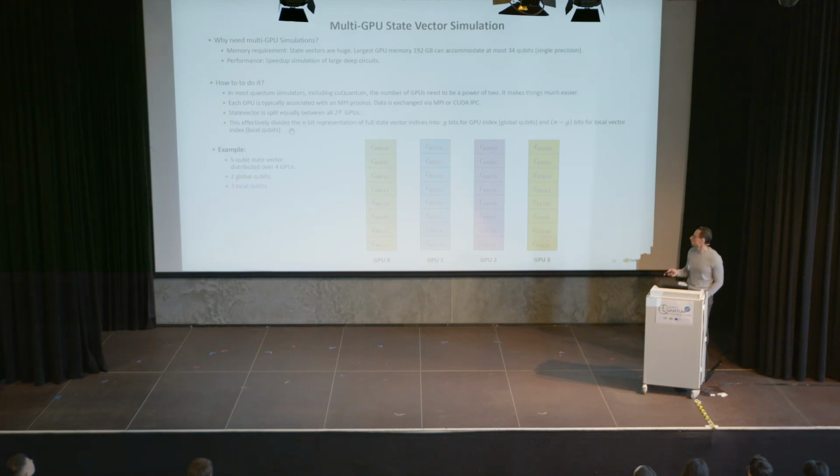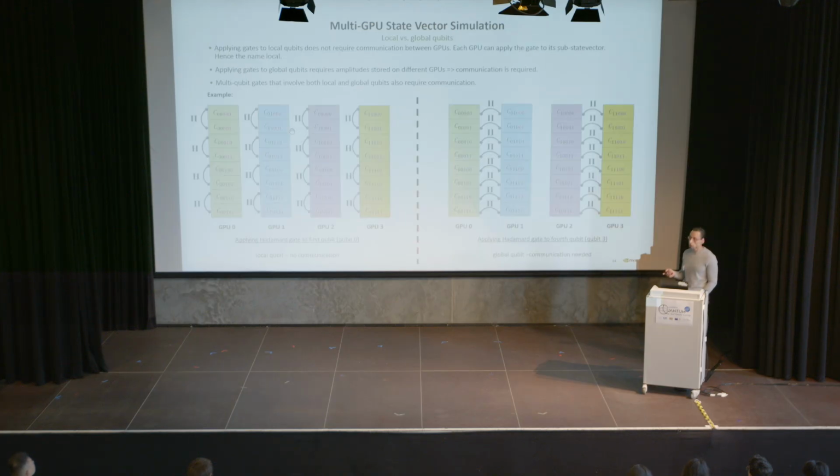Now, this division of bits or qubits into local versus global is very useful because it turns out that applying a gate to a local qubit doesn't require communication between GPUs. Remember, we just said that gate application translates into many independent matrix multiplications with subvectors.